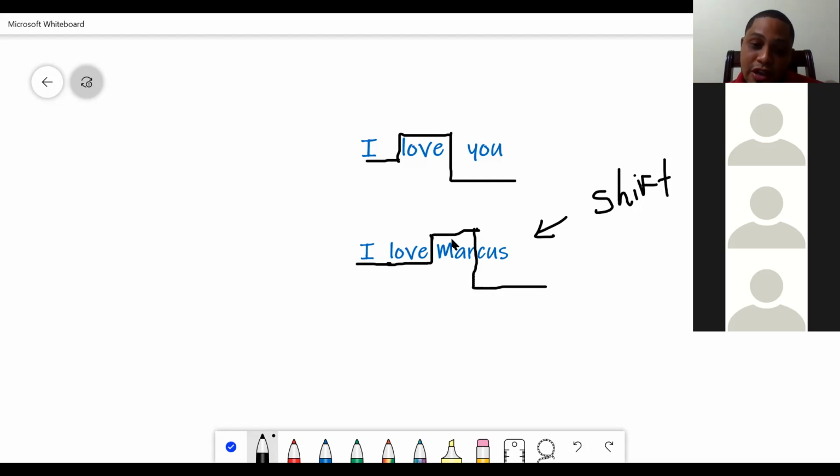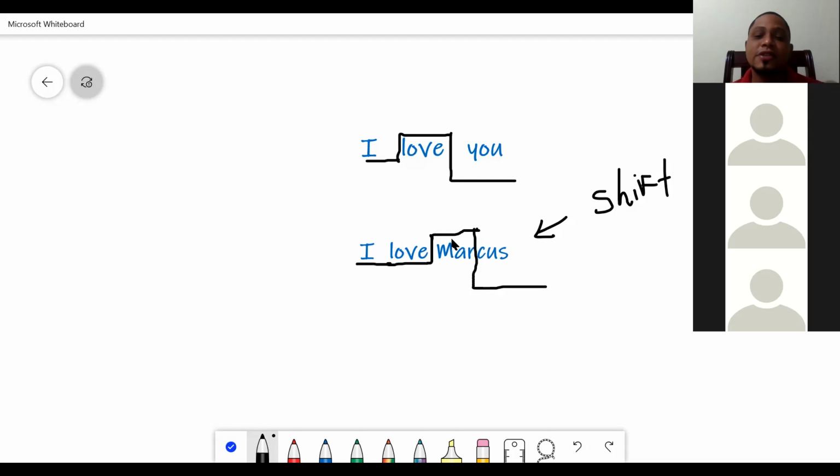We use shift when, in the rising falling intonation, the last content word, listen to this, don't get confused, the last word of the sentence, okay? The last word of the sentence is a content word and it has more than one syllable, as you can see over here.